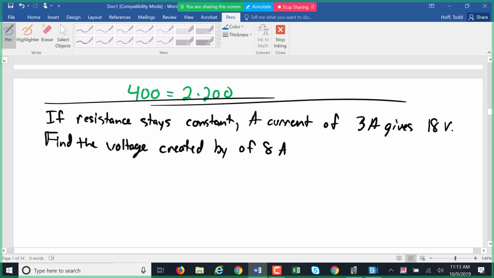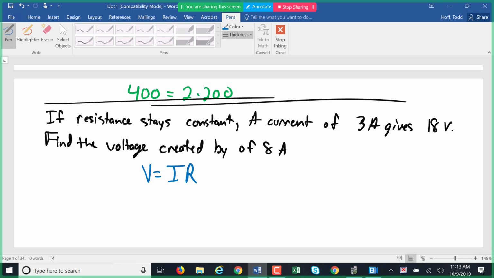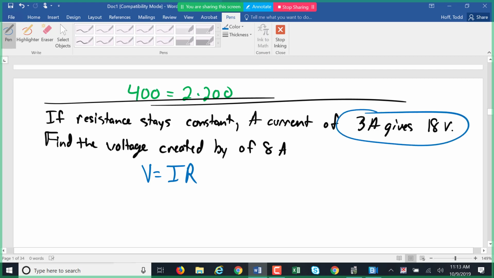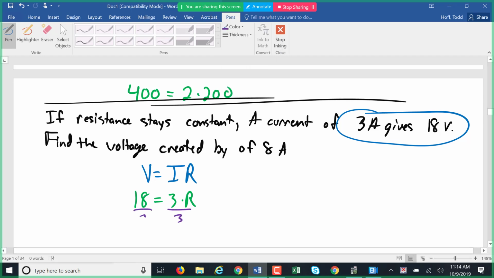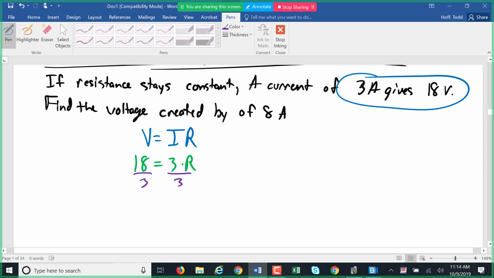So in this case, the resistance becomes our constant. V equals IR. We are given a known condition where the current is 3 and the voltage is 18, so we can solve for R. Dividing by 3 gives that resistance has to be 6 units.